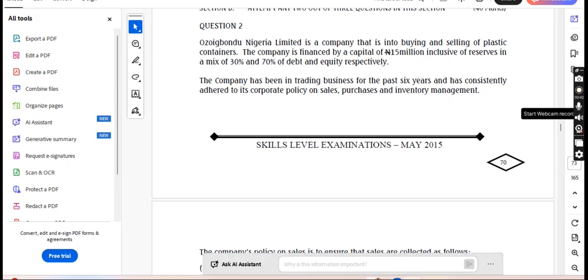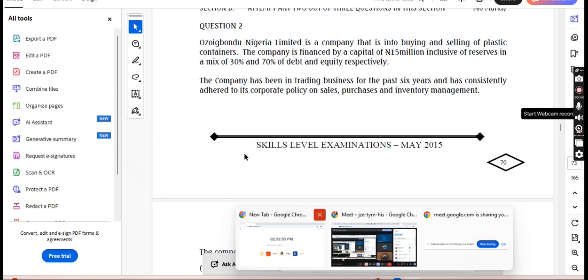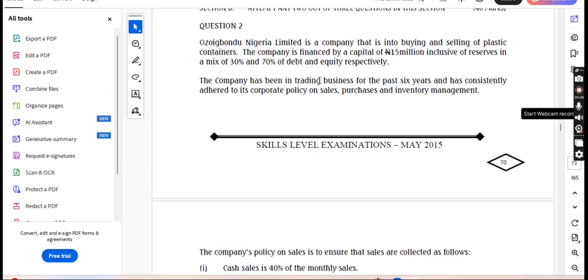IB Nigeria Limited is a company that is into buying and selling of plastic containers. The company is financed by a capital of 15 million inclusive of reserves in a mix of 30% and 70% debt and equity respectively.